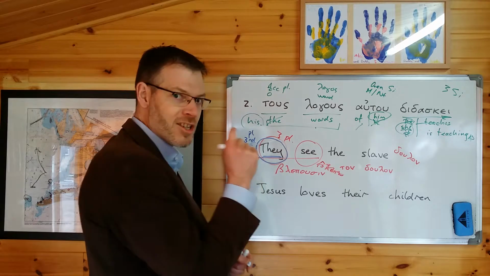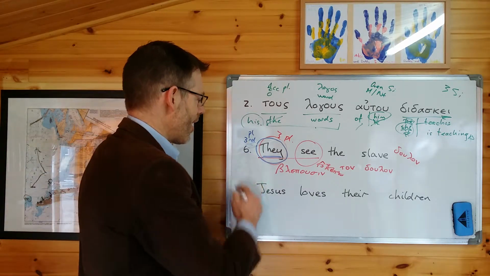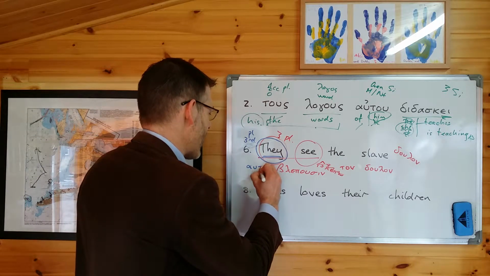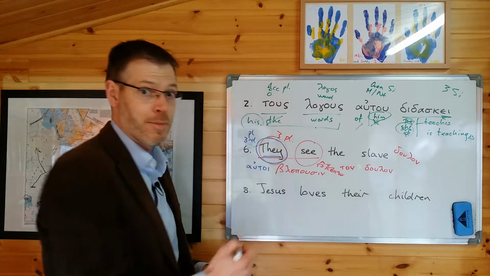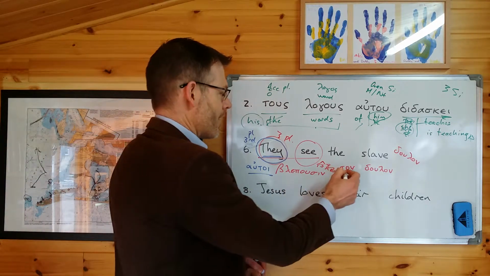And the danger is that somebody who's high on pronouns would then think, okay, so now we need to have an autoi, if let's say you pick the masculine nominative plural: autoi blepousin ton doulon.